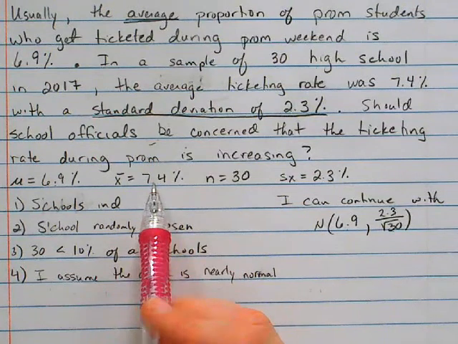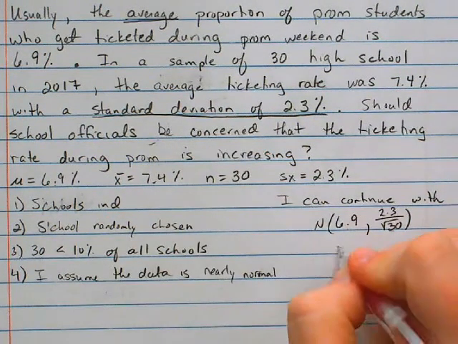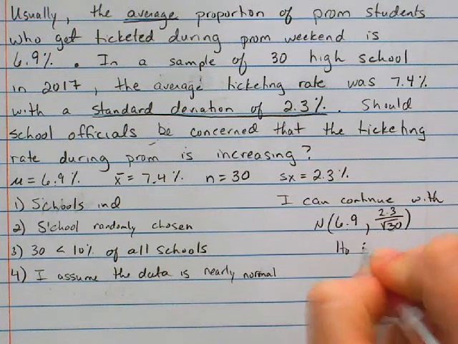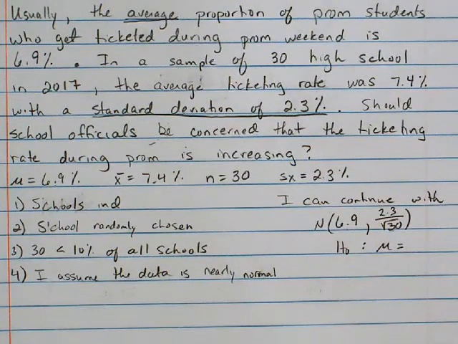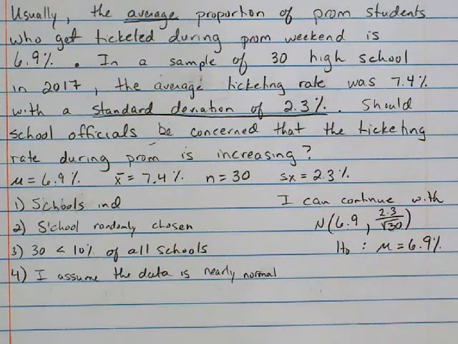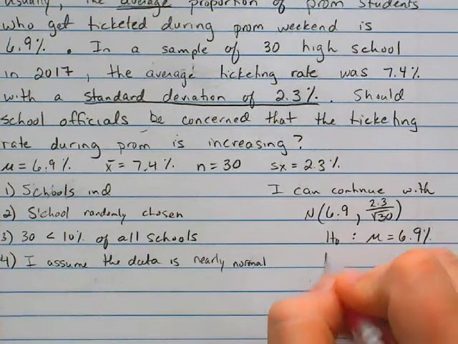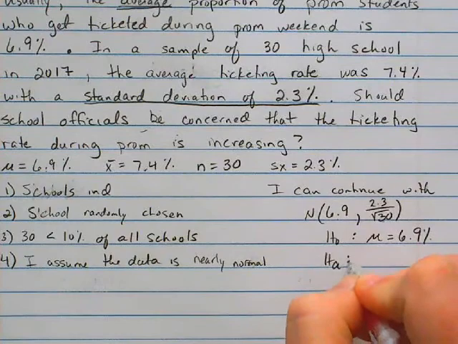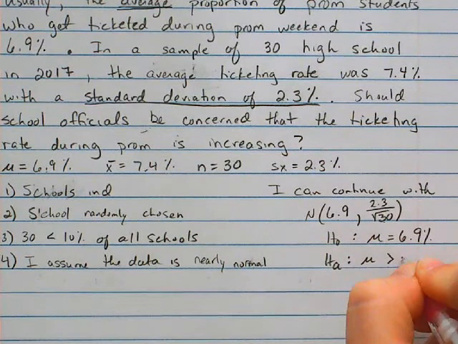Just like with proportions, when we write our hypothesis test, we start with what we think is true. We think that our mean is 6.9%. But we need to test to see if the rate is increasing. So we're going to say mu is greater than 6.9%. Yes?